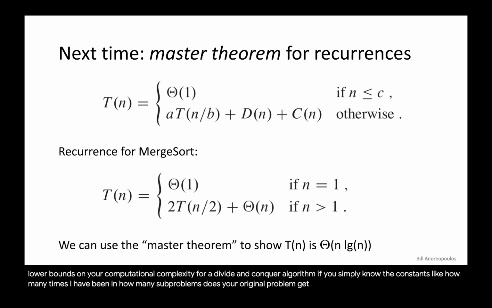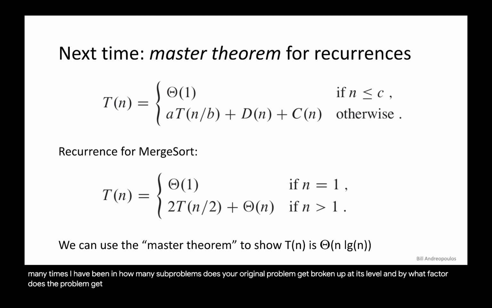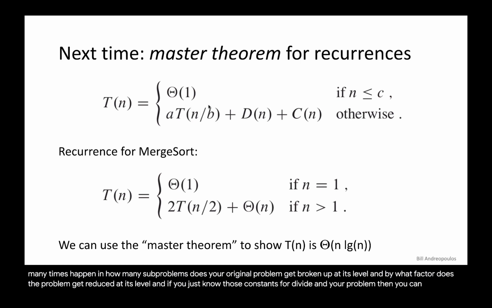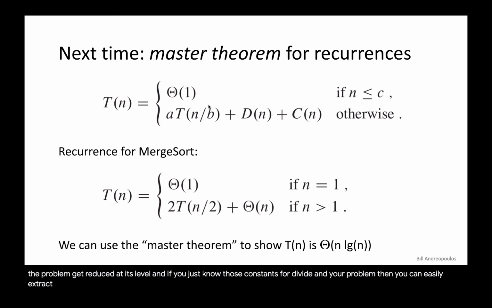So for merge sort, if we know that the input size gets split in half at each recursive call, and we have two recursive calls at each level, then the master theorem, which I will explain next time, allows us to easily extract that the runtime for merge sort is big theta of n log n.